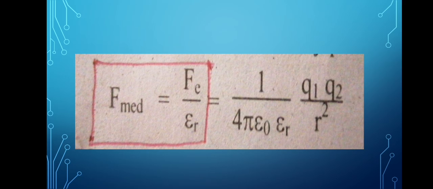As we say that the electric force reduces due to the presence of a dielectric between the two charges, how much the force reduces you can calculate by dividing the electric force in free space by the constant called the relative permittivity. And you can write this as 1/4 pi epsilon naught into epsilon r, q1 q2 over r square.